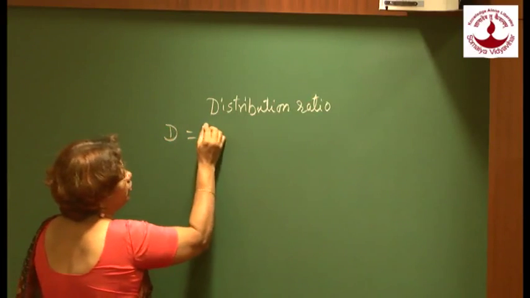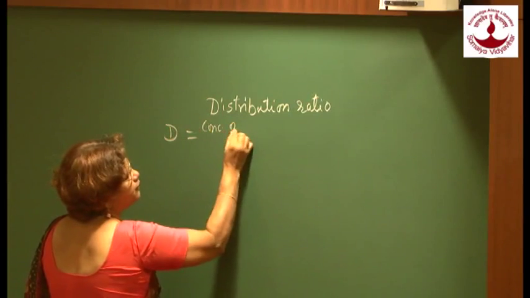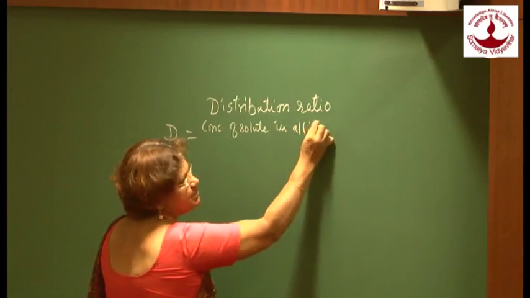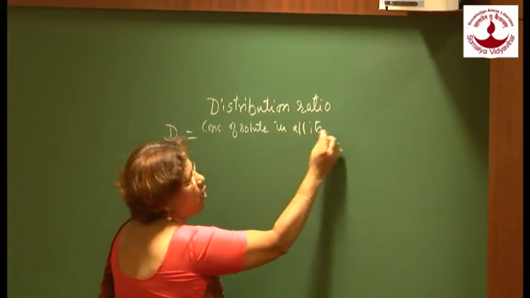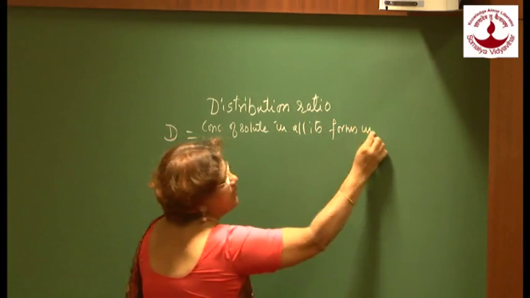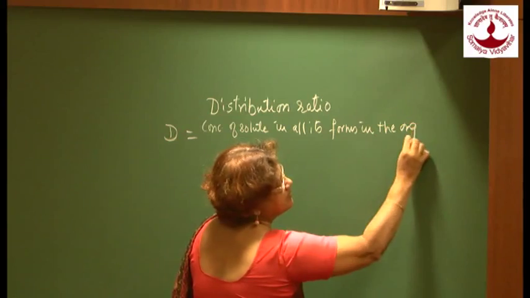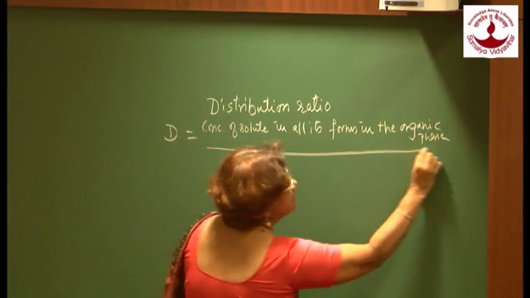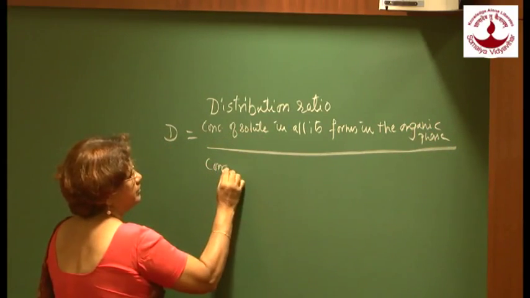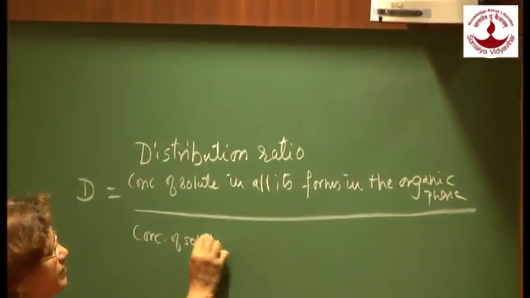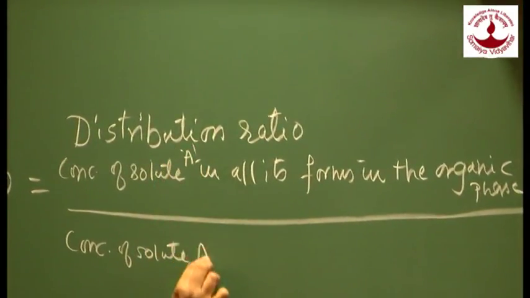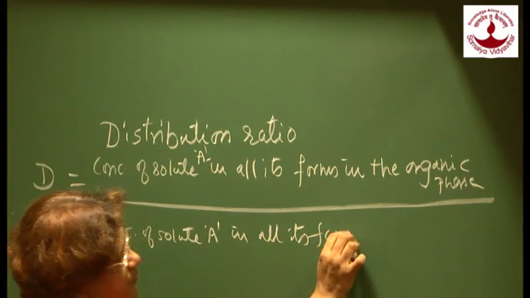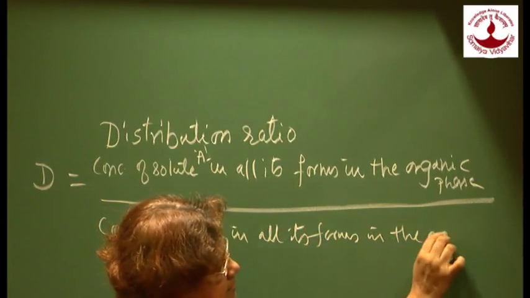which is written as D is equal to concentration of solute, very important, in all its forms, irrespective of any form in which it is present, in all its forms in the organic phase, divided by concentration of solute A, specifically we are talking of A in all its forms in the aqueous phase.